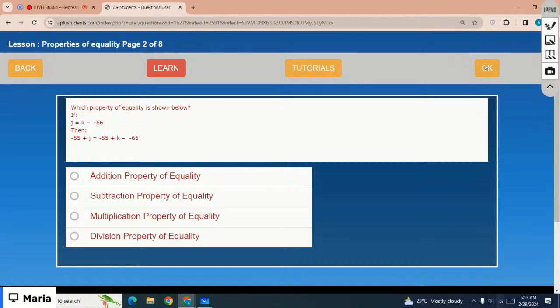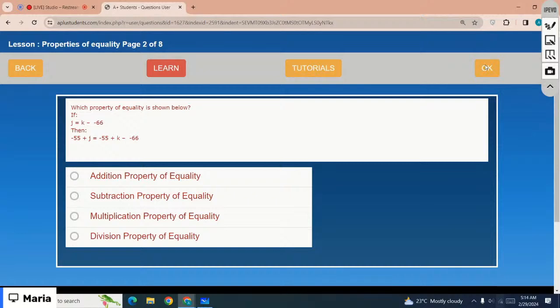Which property of equality is shown below? If j equals k minus 66, then negative 55 plus j equals negative 55 plus k minus negative 66, right? So you added negative 55.